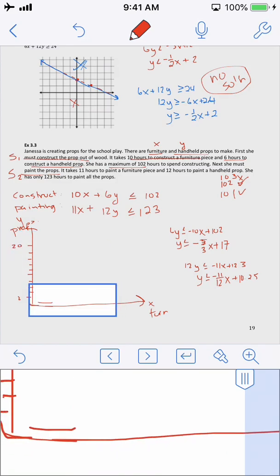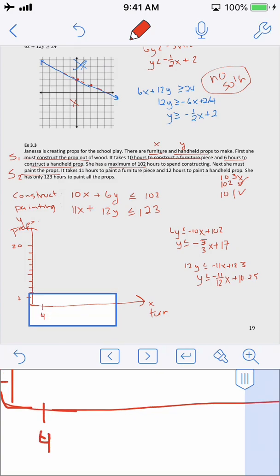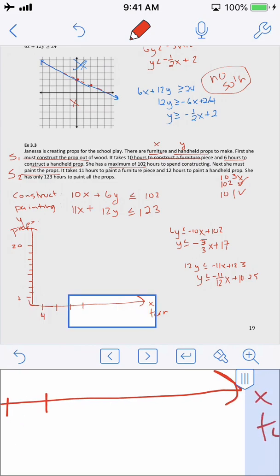And then over here, let's make this one go by 4s: 4, 8, 12, 16, 20, 24, 28, 32, 36. Alrighty.